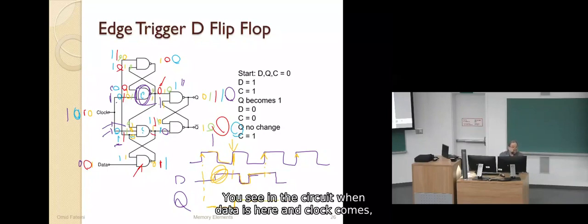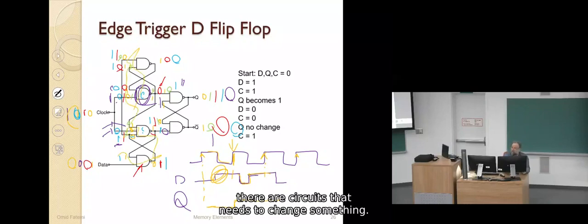And you see in the circuit, when data is here and clock comes, there are circuits that need to change something, as we wrote here. So you could see, they could get the data and move it to the output. It takes time.